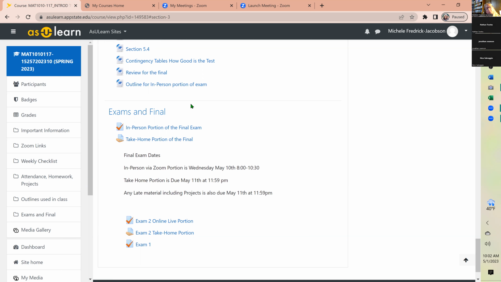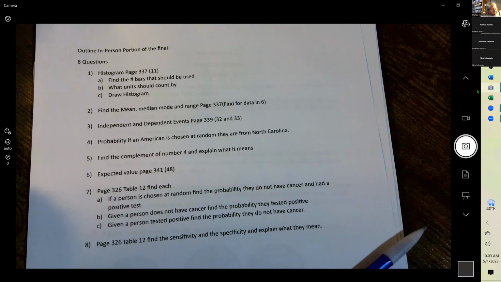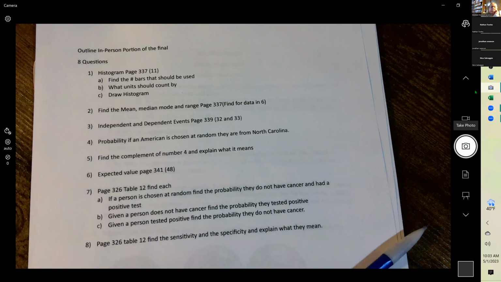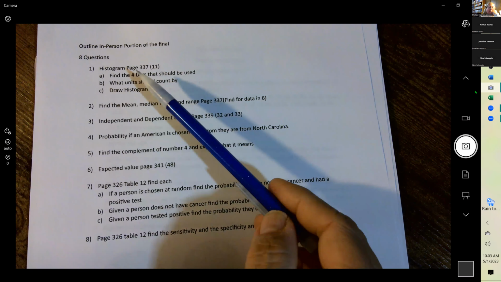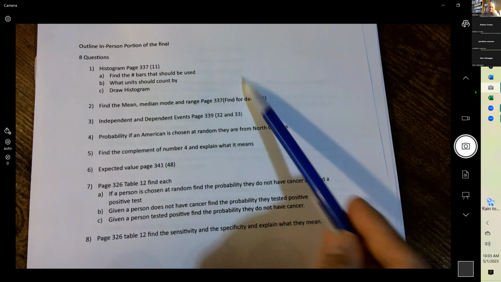The outline that we're going to go over for the in-class portion of the exam is right here. Any questions? It looks like this. There's 8 questions, and they resemble these.